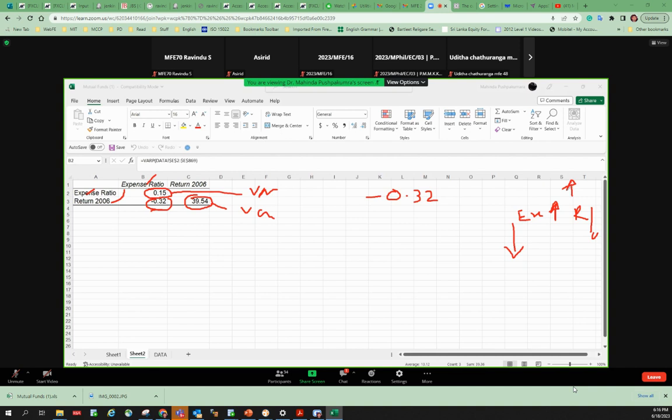With the covariance, you can't identify the strength of the relationship.